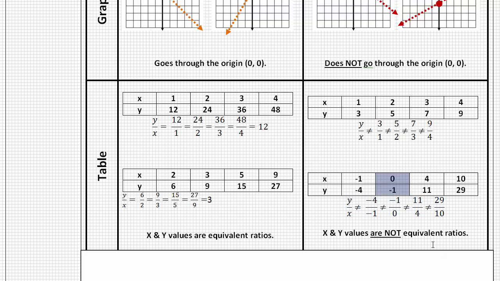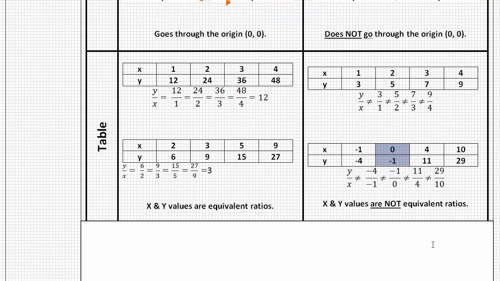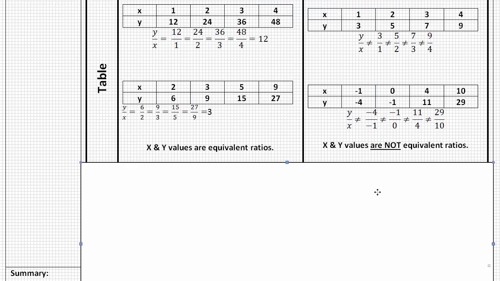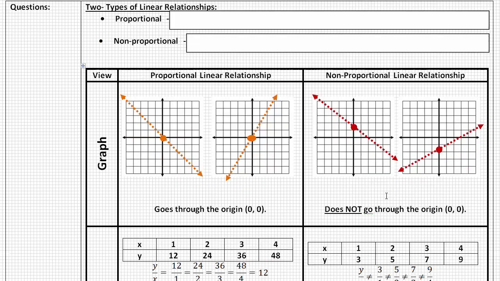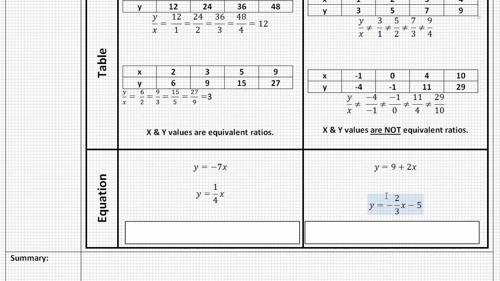Let's go ahead and take a look at our last view, equations. Here in our equation view, I've set up again 4 examples. These 2 equations represent linear proportional equations, whereas these 2 on the right represent linear non-proportional relationships.